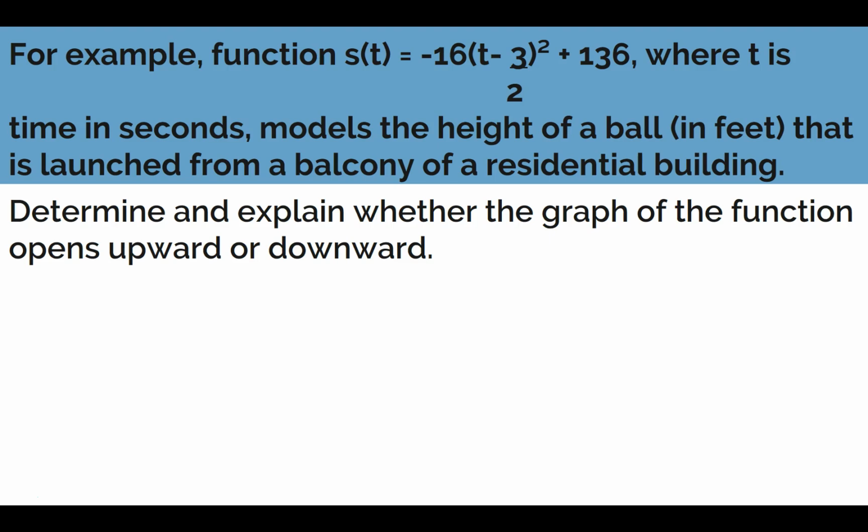So where do we look to see if it's going to open up or down? The a value. We're looking for positive or negative, right? So is my a positive or negative? Negative. We have a negative a. So it's going to open which way? Down.